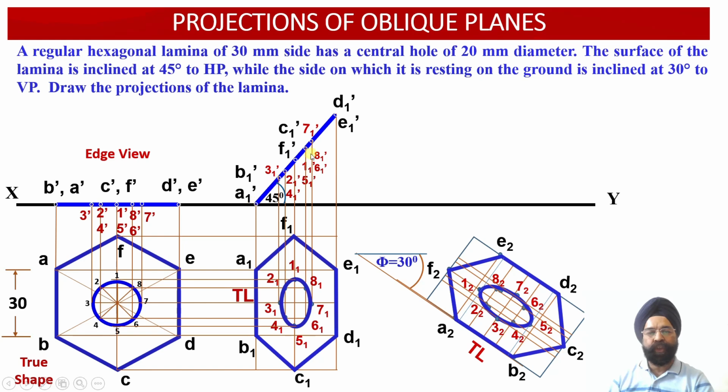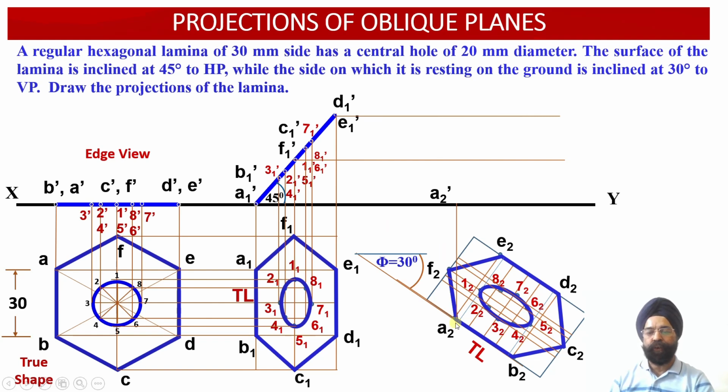Corresponding to these 14 points located in the elevation view, horizontal lines we are going to draw. Corresponding to these 14 points in the plan projection view, the vertical projectors will be drawn, and the intersection of the corresponding points will help us obtain the elevation projection points of this hexagonal lamina carrying a hole.